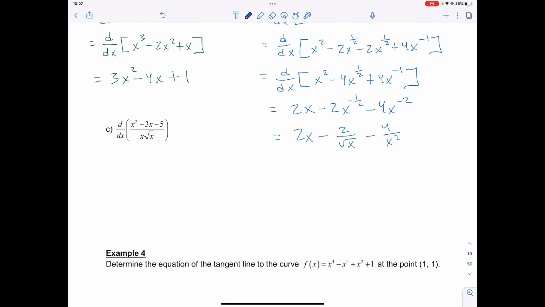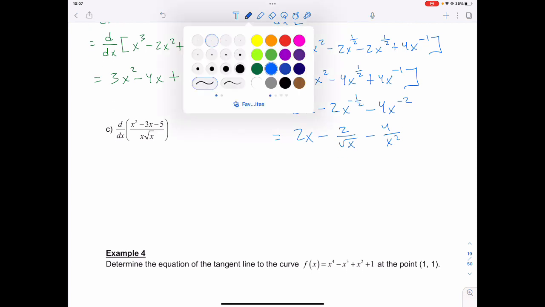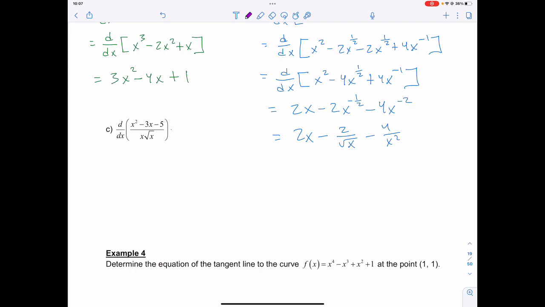When I get to example C, then I'm going to state that this is d over dx of, because this is all being divided by x times the square root of x, I'm going to rewrite that as x squared minus 3x minus 5, all being divided by x to the 3 over 2.